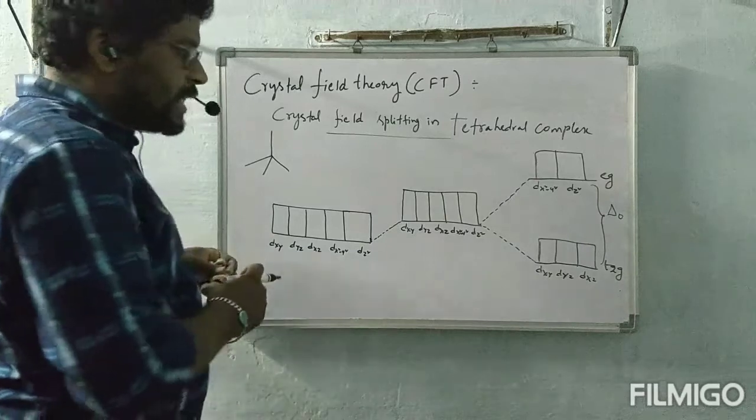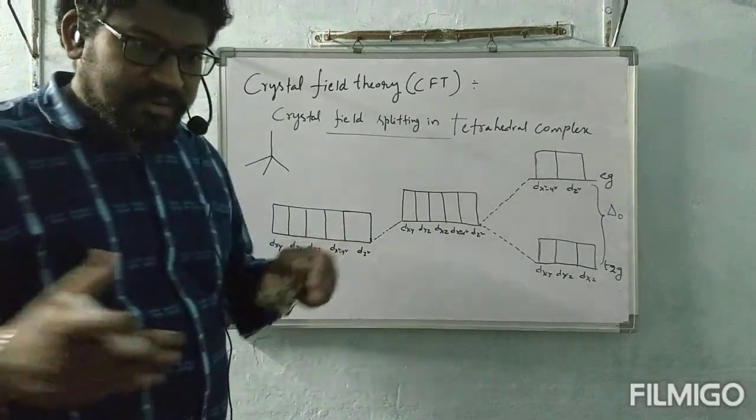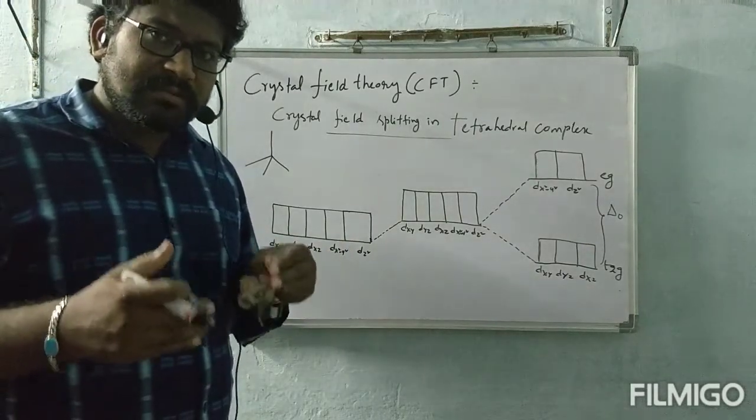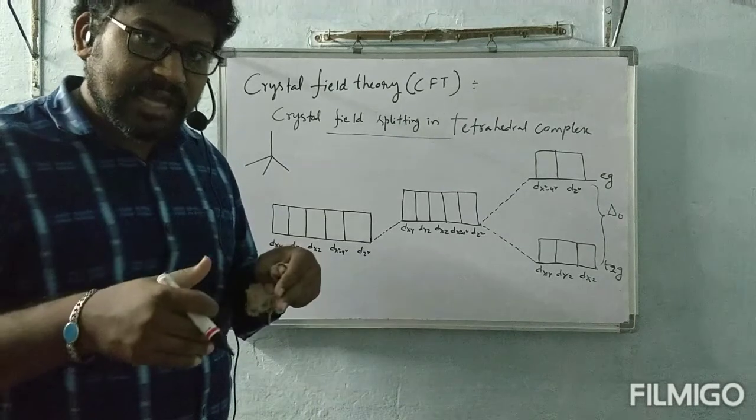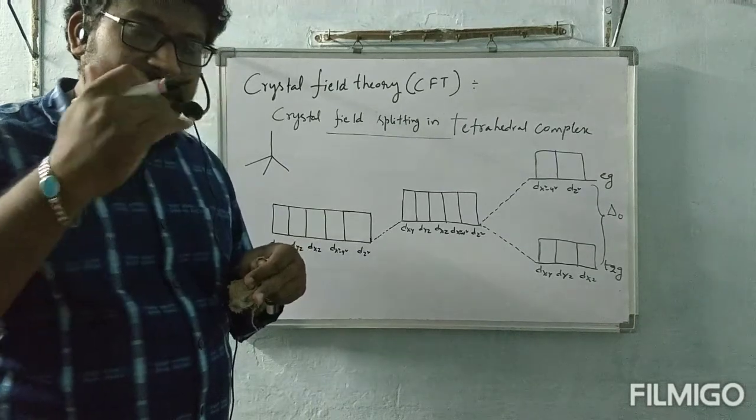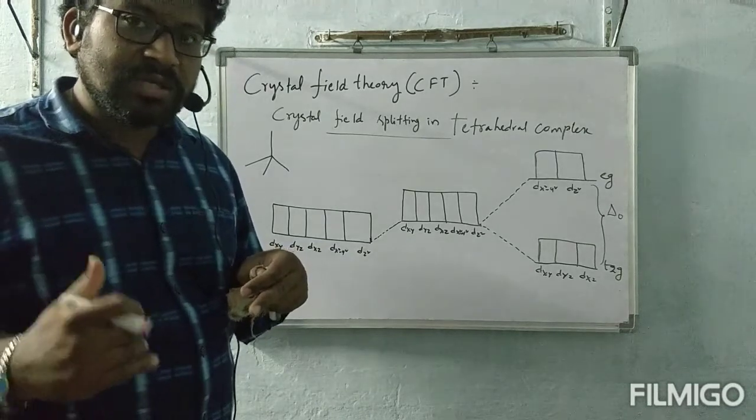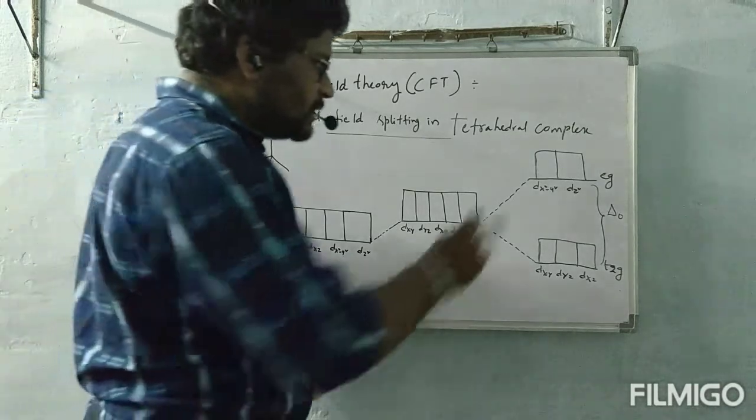Then what happens when ligands approach in between the axes? The orbitals with lobes in between the axes will have their energy above, and the remaining orbitals' energy will be below. Those orbitals' energy will be increased, so this one will be reversed.